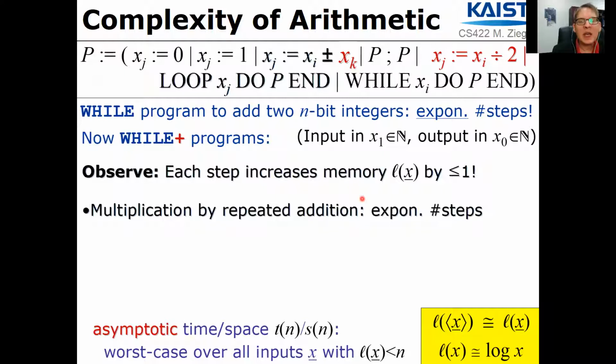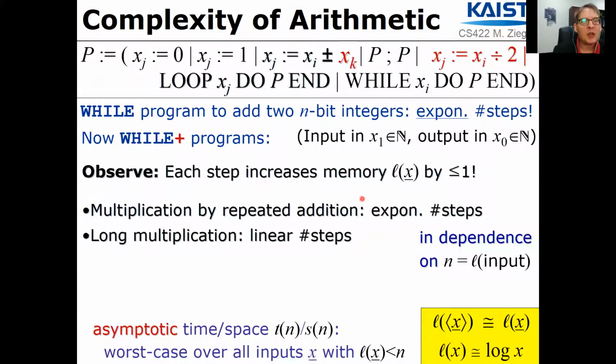Yes, and then we've analyzed arithmetic operations such as multiplication, which naively by repeated addition takes an exponential number of additions, but using long multiplication, it boils down to a linear number of additions, and in particular a polynomial number of steps.